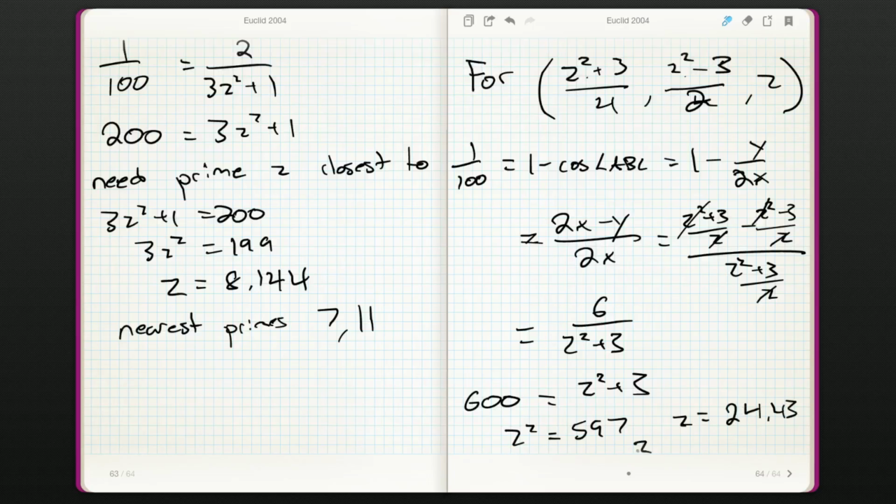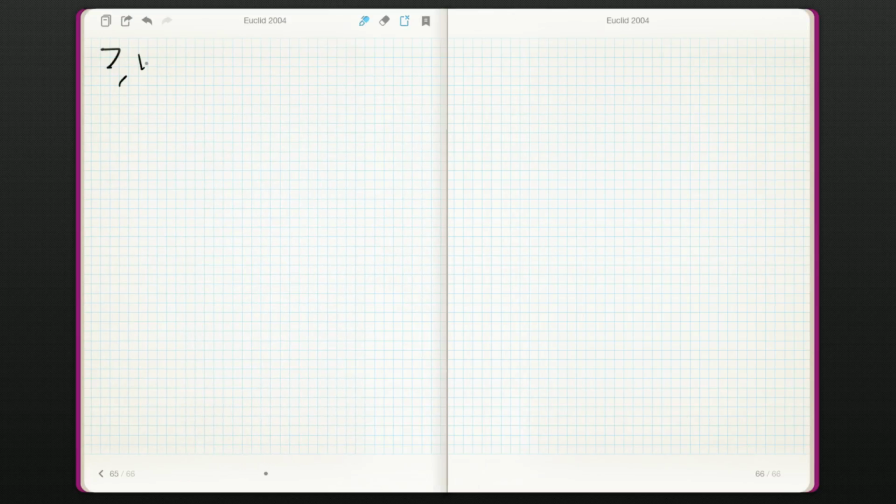So the nearest primes are going to be 23 and 29. So we just need to check 7, 11, 23, 29. Which one gets us the closest, by the way? Because that's what we want. We want the nearest triple. So assuming that all these give us triples, which I think it does, knowing that the 1 was 24, 23 is probably my best bet.